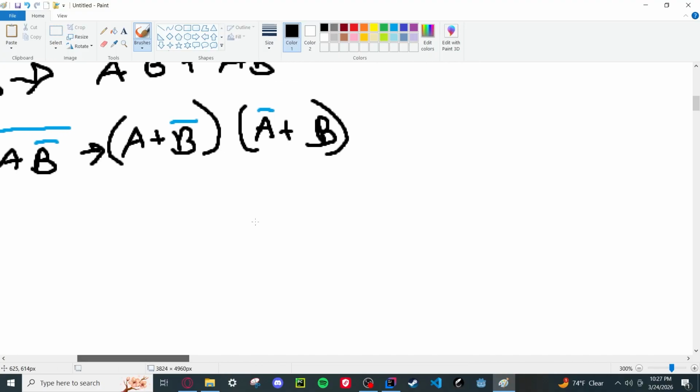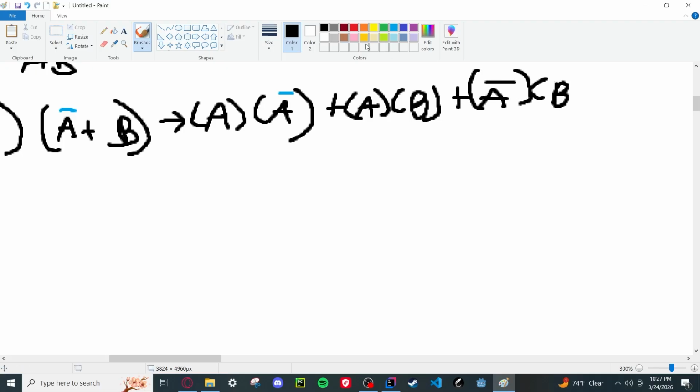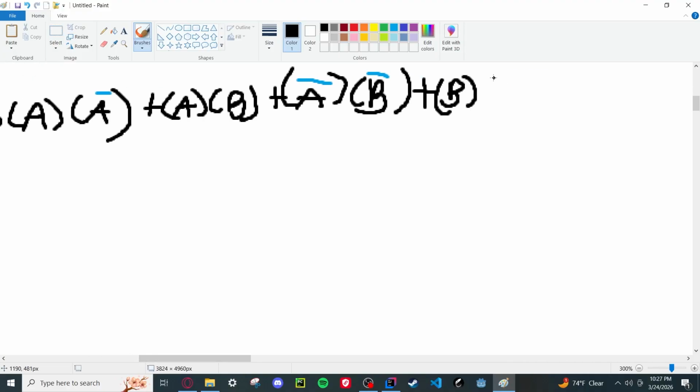By further factoring this out, we will get A times A naught plus A B plus A naught times B naught, and I like having my knots in blue, so I'll do that, A naught B naught, and then finally plus B naught.